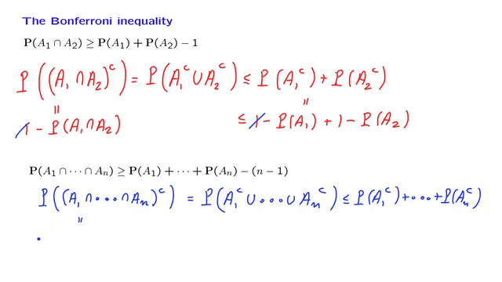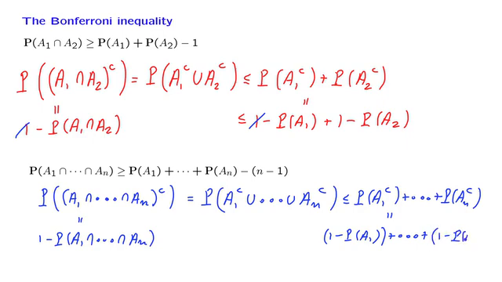Now this is equal to 1 minus the probability of the intersection. This side here is equal to 1 minus the probability of A1. This is one term. We get n such terms, the last one being 1 minus the probability of An. And we still have an inequality going this way. We collect those ones that we have here.